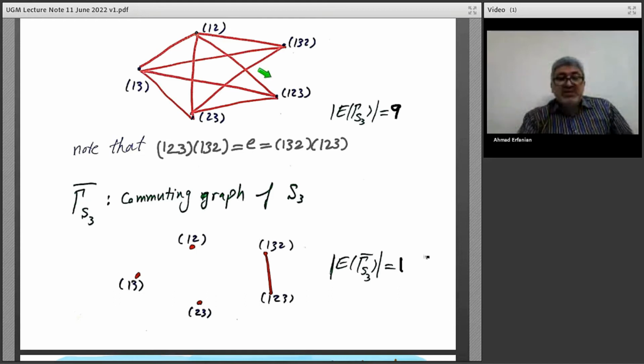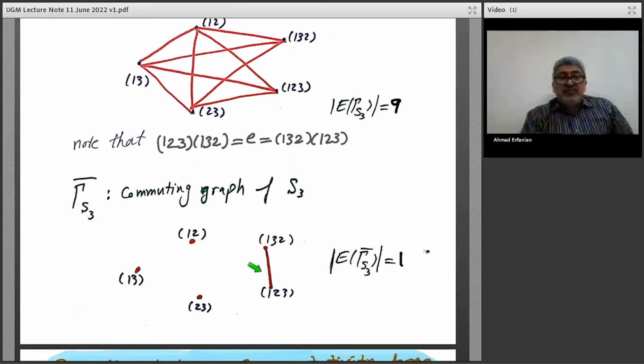Now, how about the commuting graph of S3, which is the complement of the non-commuting graph? So here, as you can see, we will have an edge between any 2 vertices except (1 2 3) and (1 3 2).